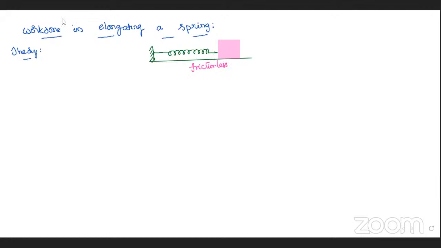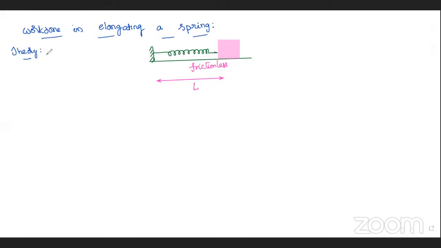Here, consider it is the natural length of the spring. Natural length means the original length, not elongated, not compressed. Neither elongated nor compressed. It is the natural length of the spring.